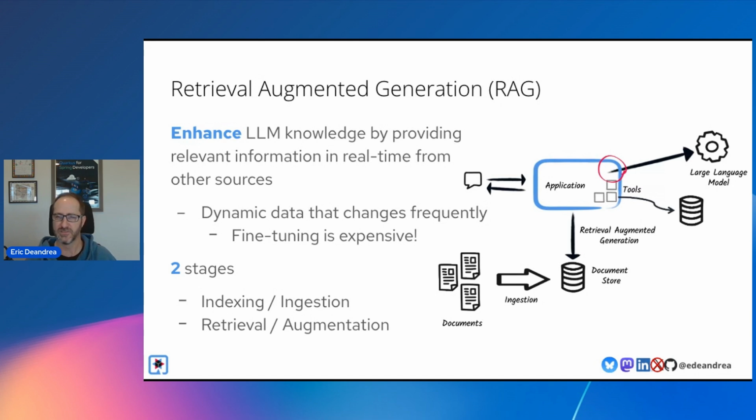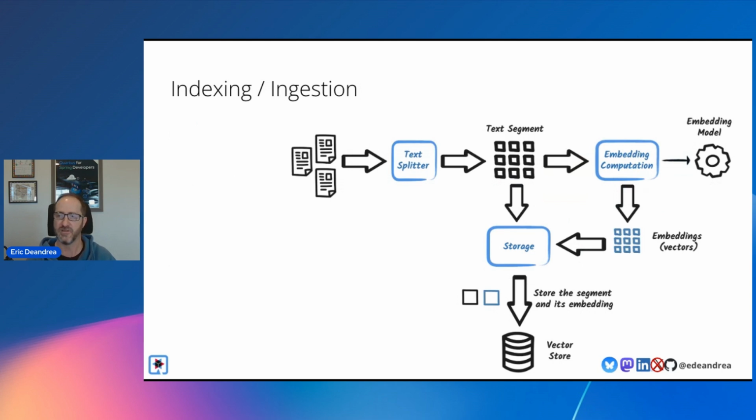What's important is the separation between these two different stages and thinking about the stages differently. So, separating what we call the indexing or ingestion phase from the retrieval and augmentation phase. Typically, you'll find that the ingestion or indexing phase happens more out of band, either as part of a batch process or a CI process.